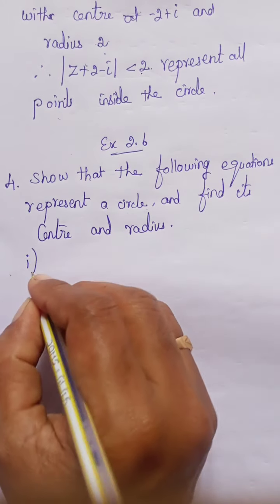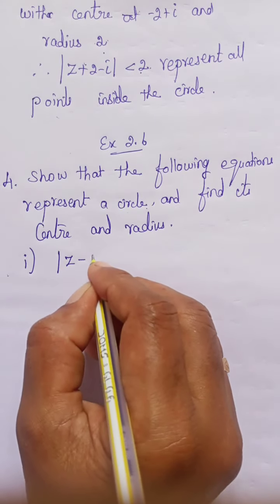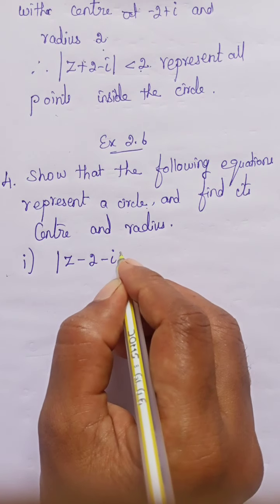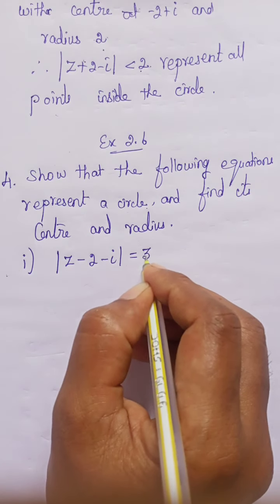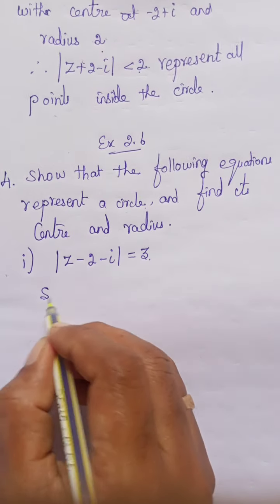Subdivision 1, that's modulus z minus 2 minus i equal to 3. I hope it will be very easy.